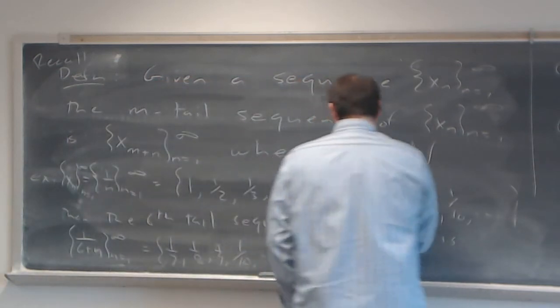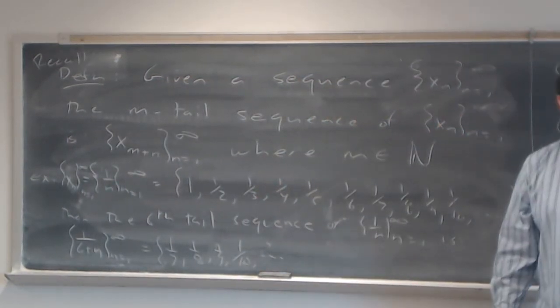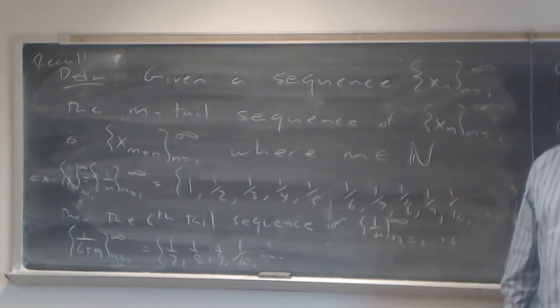So essentially, we're removing the first 6 terms from the original sequence and starting here at the 7th and going forward.